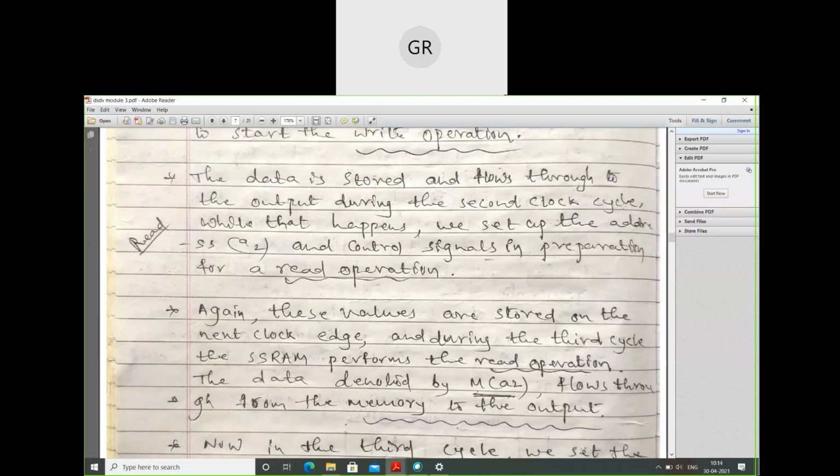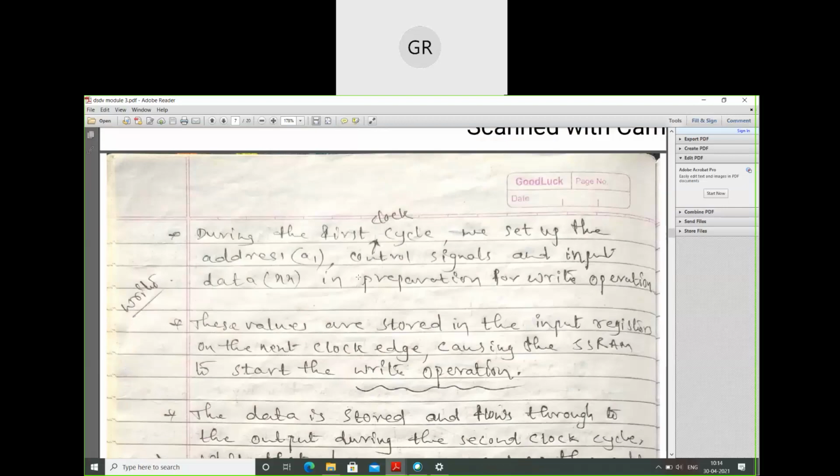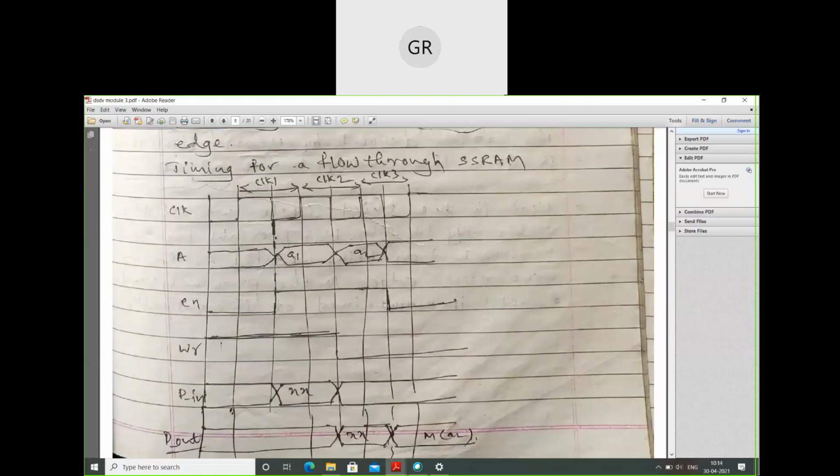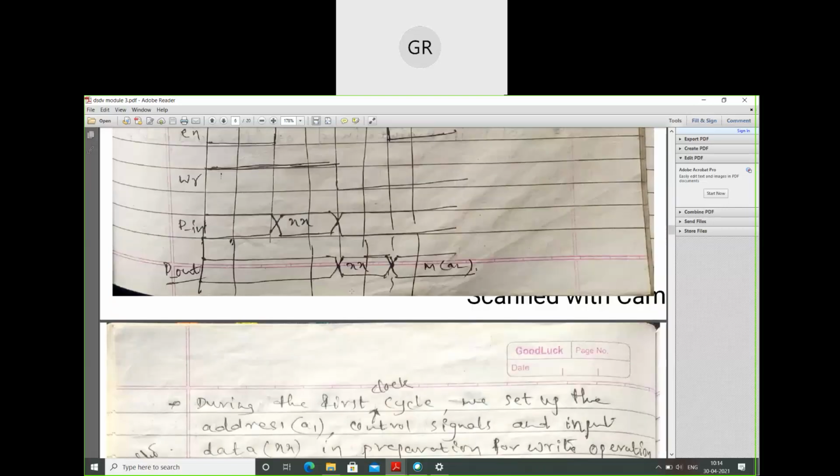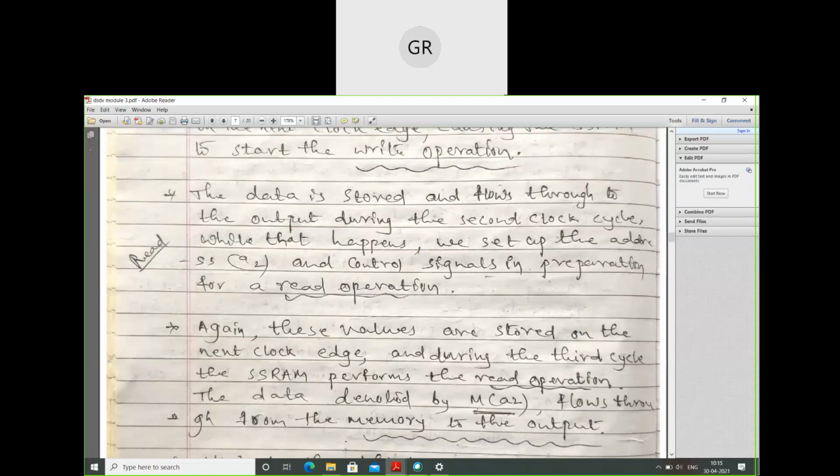While that happens, we set up the address A2 and control signals in preparation for a read operation. Enable signal is high and write signal is low, and we set up the address A2. That is the preparation for the read operation during the second clock cycle.